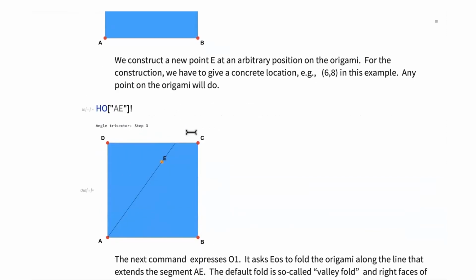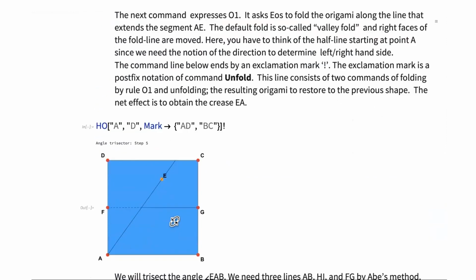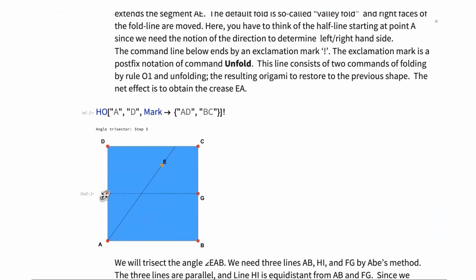So what I want to do is to trisect this angle. And in order to trisect, we need 2 parallel lines. How do I make 2 parallel lines? And also that parallel line should be parallel to this baseline.